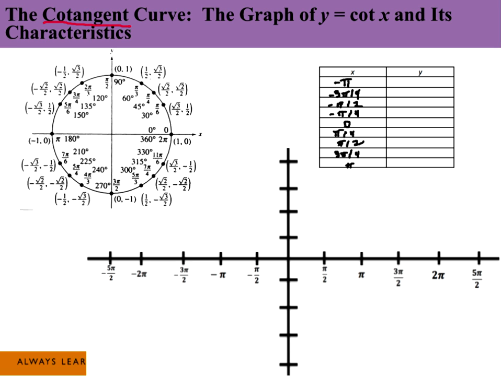Okay, I'm going to go through and point out the undefined. Let me give you this, that the cotangent of theta is equal to x over y. So anytime my y value is 0, that's going to create an undefined situation.